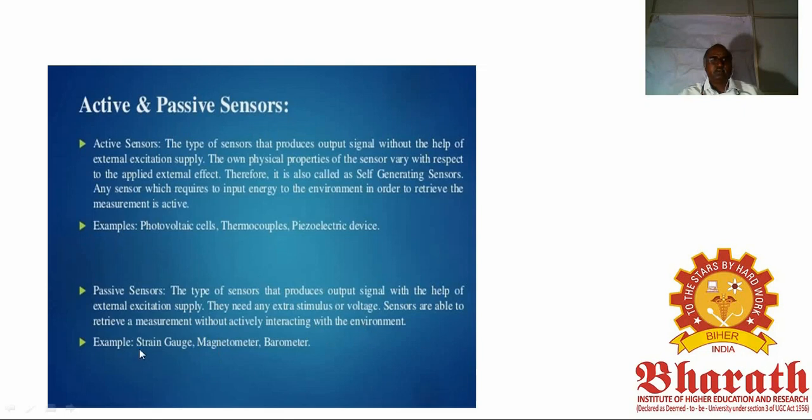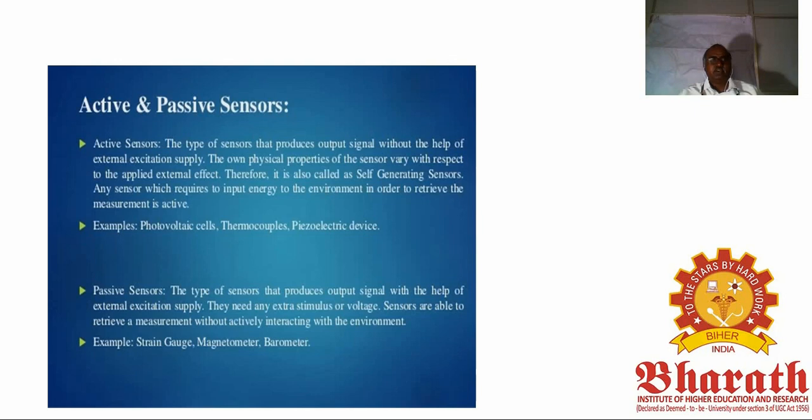For example, the active sensors can do it by themselves, like a photovoltaic cell, which takes the power from the exposed light, whereas in the case of passive sensors like a strain gauge, you give the voltage but there will be a change in the resistance value which will result in current flow or change in the voltage drop.